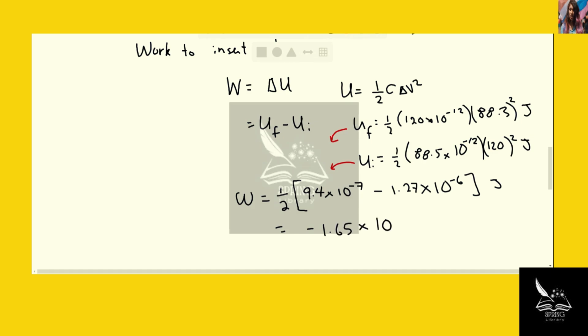Yes, and it does turn out to be a negative quantity, a not very large negative quantity. So you may not even feel this if you were the one inserting the dielectric.